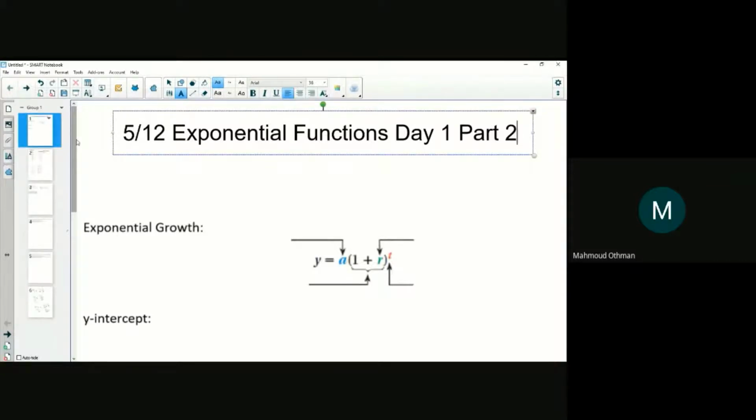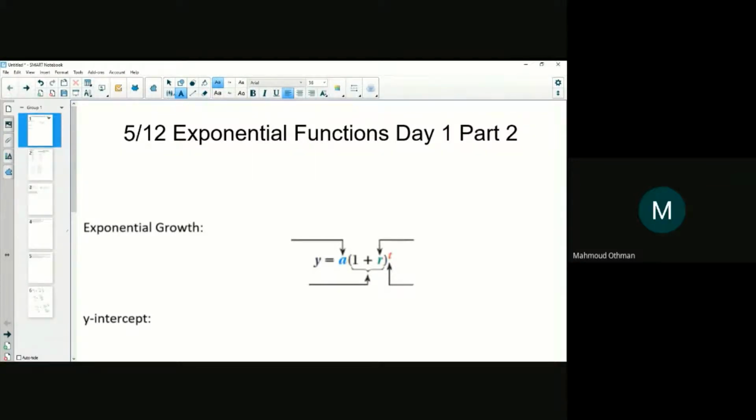So right here, as you could tell, I have my exponential growth function, y equals a times the quantity 1 plus r raised to the t. So the t, as you know, stands for time.